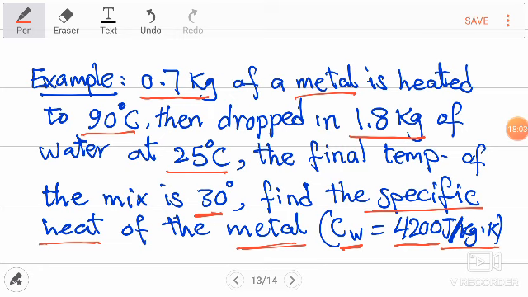You have 1 minute to solve this problem. You can pause the video and play it after you finish solving.